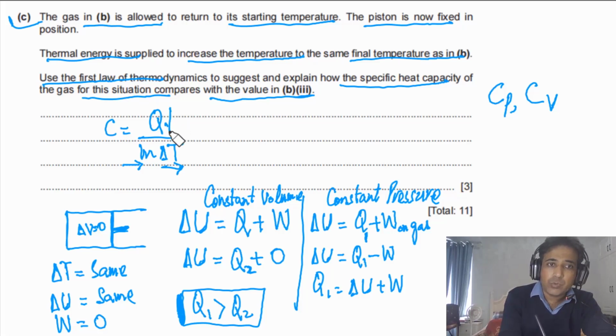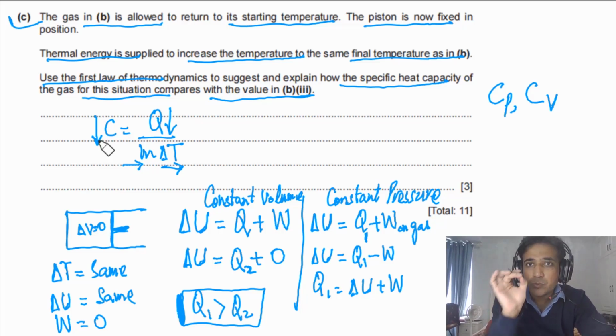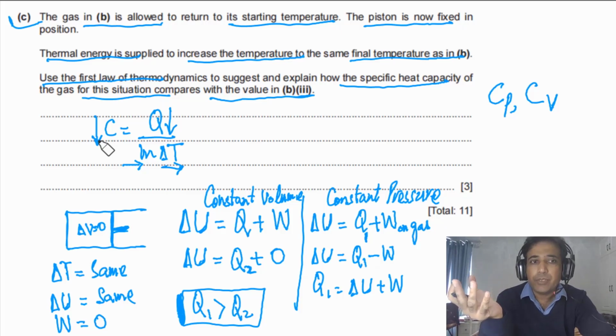So if Q goes down, it means C will go down. So in order to raise the same temperature, we need to supply a lower amount of thermal energy. So the new value of C in this case will be lower because Q needed is lower.